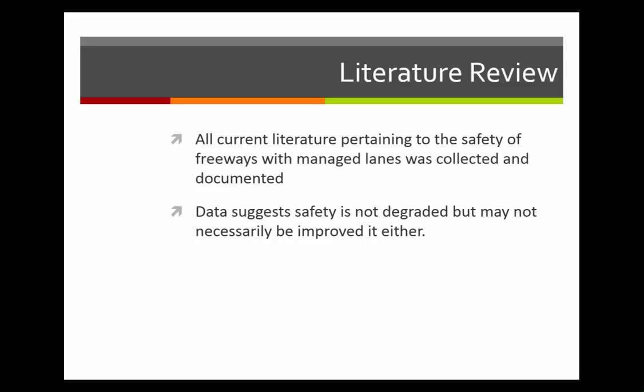What we want is a more general perspective: regardless of what characteristics these freeway facilities with managed lanes have, we want to be able to predict the crashes on them. And ultimately, all the research that I found and read was just saying that a lot more research was needed to make anything conclusive.